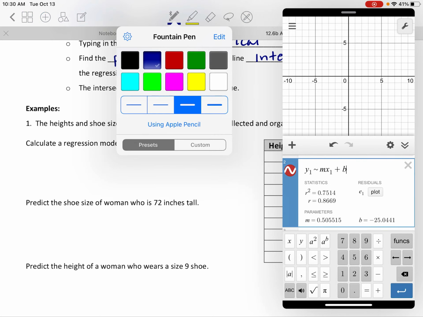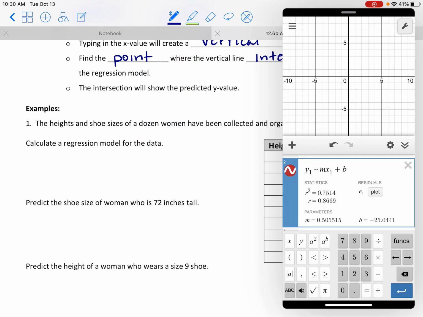Our linear regression model is going to be of the form y equals mx plus b, and in this particular case, m is approximately 0.5055. That decimal is going to keep going, but we don't need all of it.